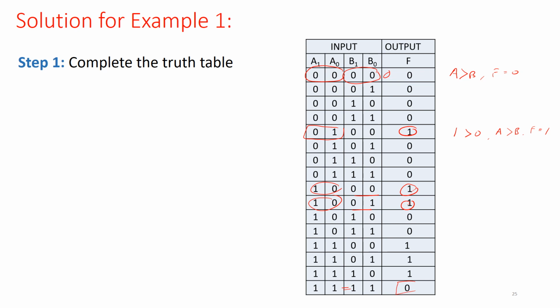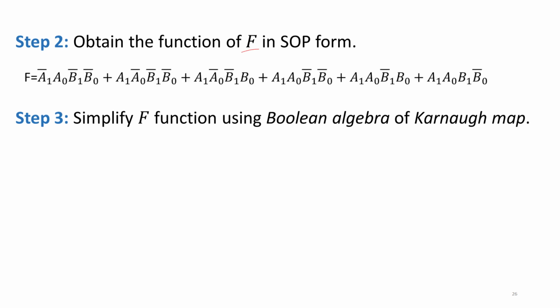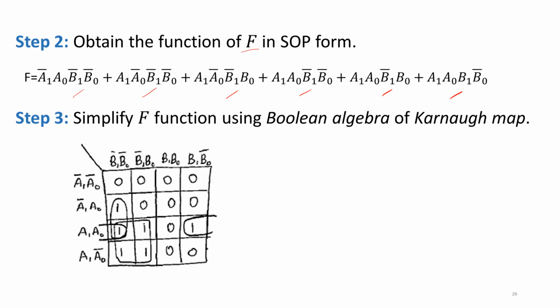Of course, these two numbers are equal, and then we obtain the function of F in SOP form, which is this standard SOP. You have 1, 2, 3, 4, 5, 6 SOP terms, and then we simplify it using Boolean algebra or the Karnaugh map, and we'll get this equation: F equals A1 B1 bar plus A0 B1 bar B0 bar plus A1 A0 B0 bar.